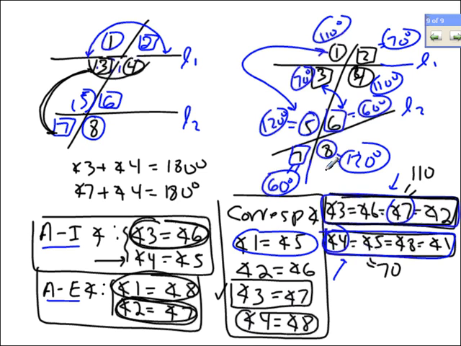Corresponding angles are equal. Once you get one of those, you have parallel lines. Okay, that finishes up this section on Introduction to Parallel Lines.